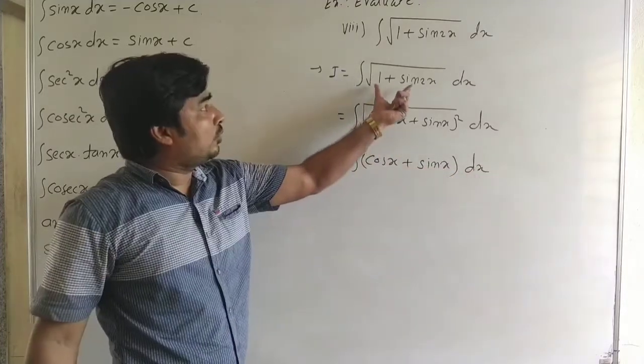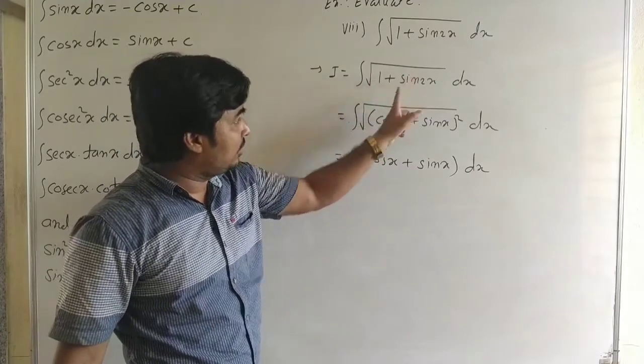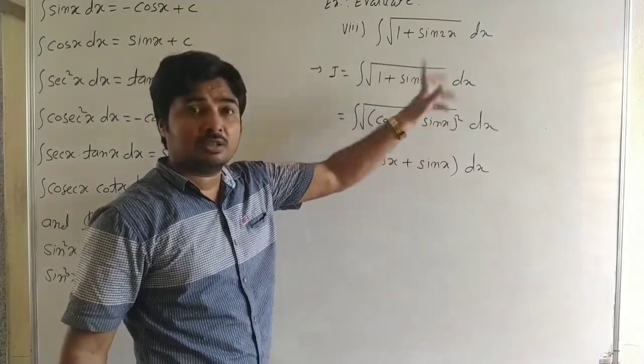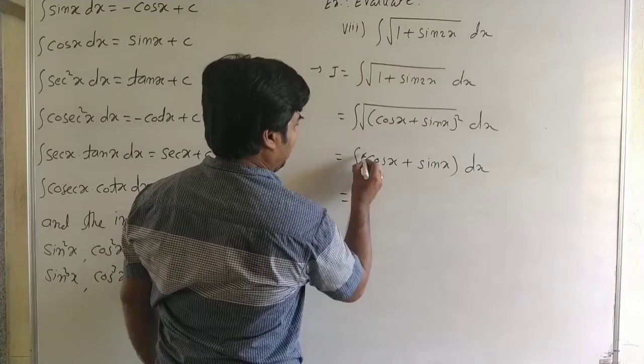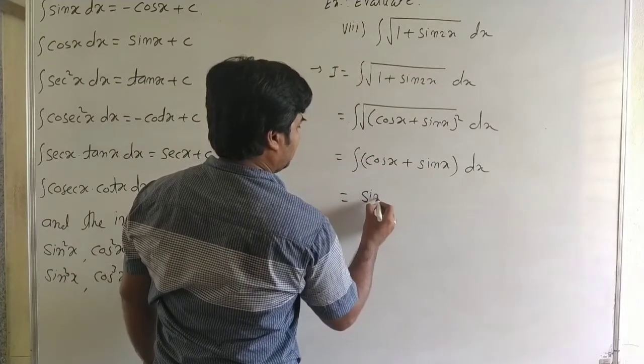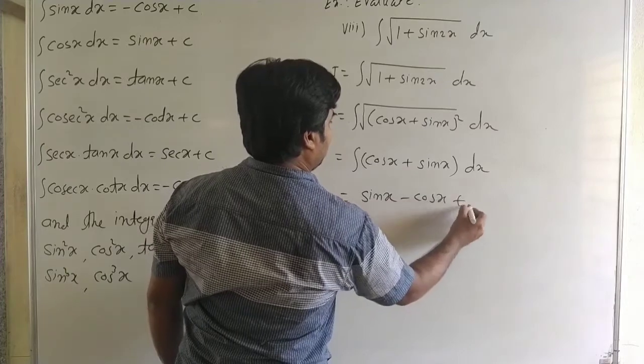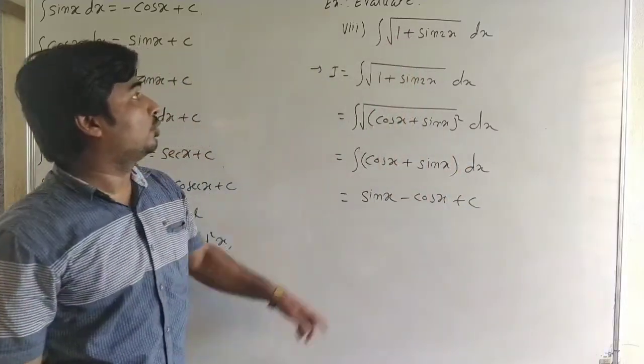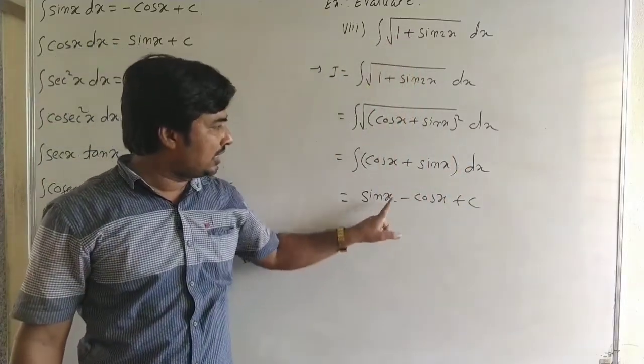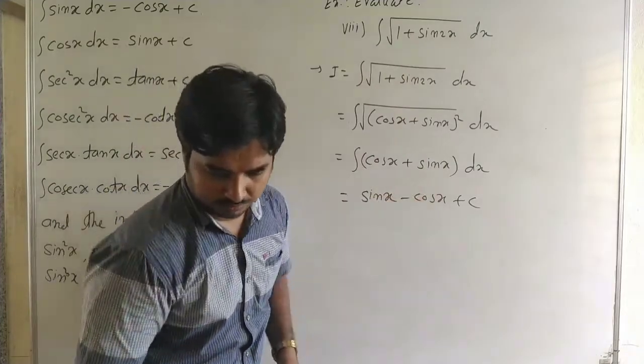Here we use the formula for 1 plus sin 2x, which is cos x plus sin x whole square. Integral of cos x is sin x, and integral of sin x is minus cos x, plus c. So the integral of under root 1 plus sin 2x is sin x minus cos x plus c.